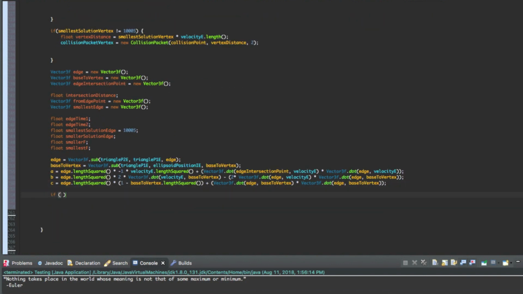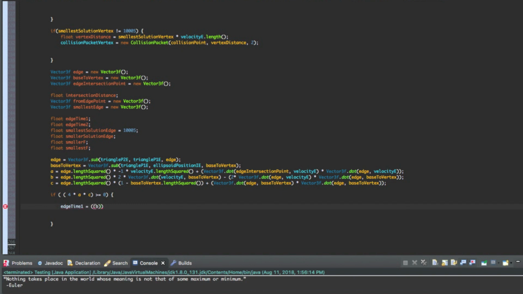All right, so now if the determinant b squared minus 4ac is greater than or equal to 0, then we know that we have at least one real solution. So we can check to see if that solution is within the actual edge segment's length and space between the 2 points rather than just the infinite line.